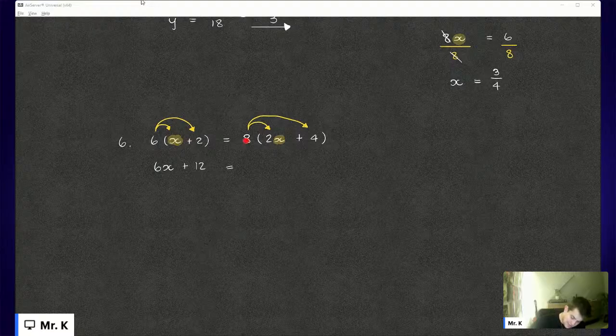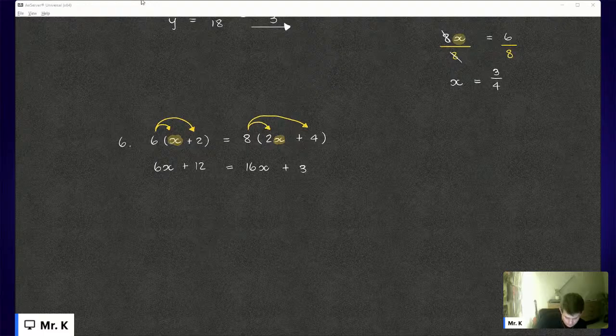On the right-hand side, 8 times 2x gives us 16x. And 8 times positive 4 gives us 32.